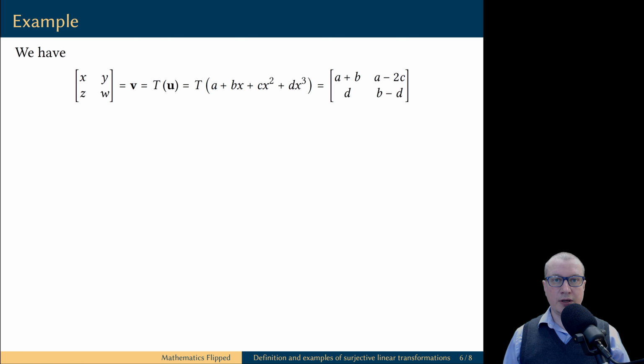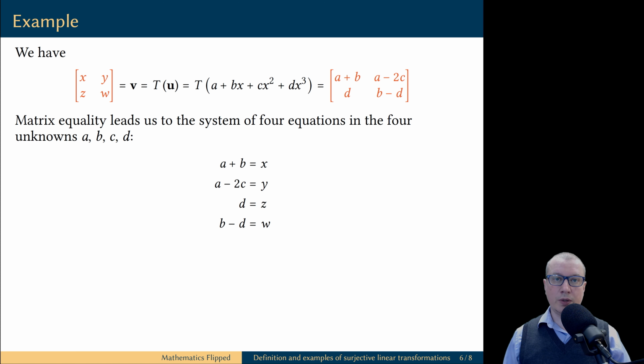Just to be clear, the 2 by 2 matrix with entries x, y, z, and w is arbitrary but fixed. It is the polynomial here that has unknown coefficients, and we're looking for the polynomial that makes this equation true. This equation is an equality of 2 by 2 matrices, and this means they must have identical entries.